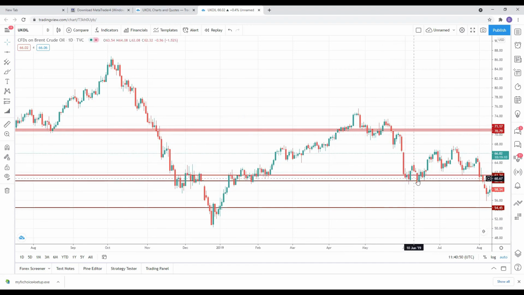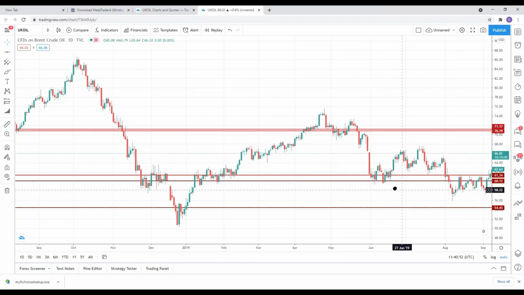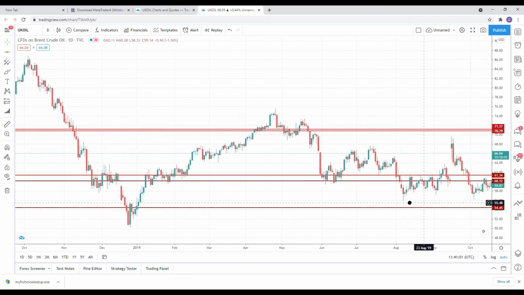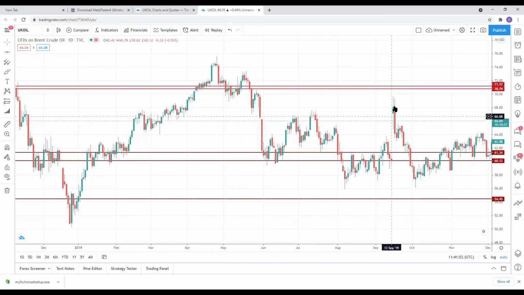It bounced off support. It broke support. It is bouncing off resistance. It broke resistance. The price of the asset went up. It came back down and broke support.